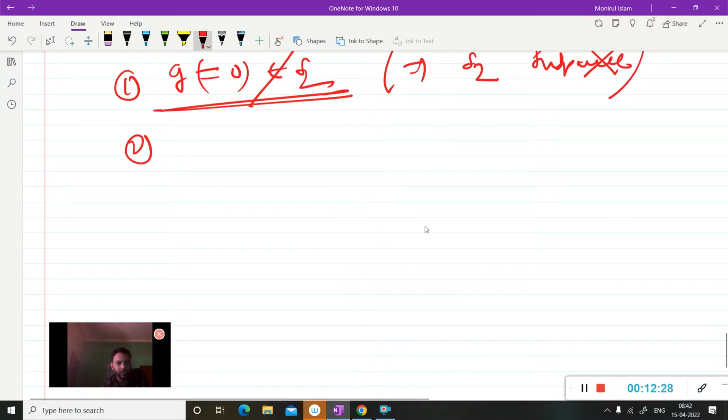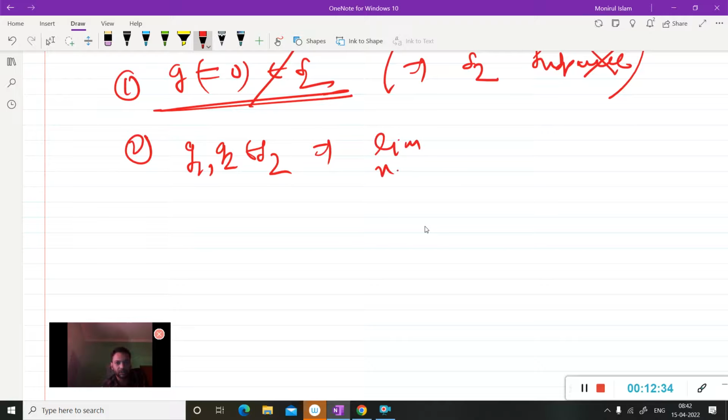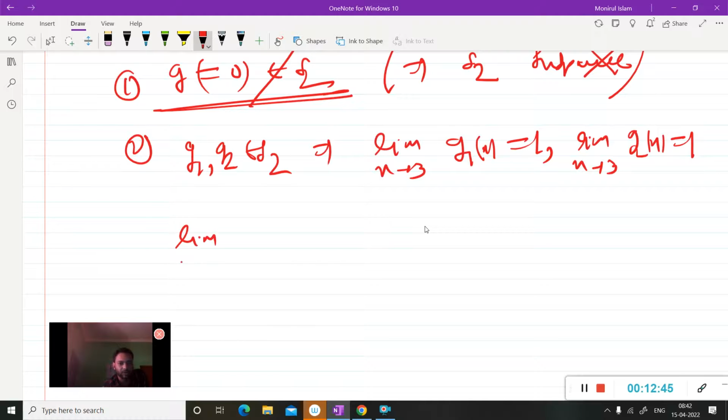How? Suppose you choose two functions g1 and g2 from S2. It implies the limit as x tends to 3 of g1(x) is 1, and the limit as x tends to 3 of g2(x) is also 1. Now can you tell me what is the limit of (g1 + g2)(x)?